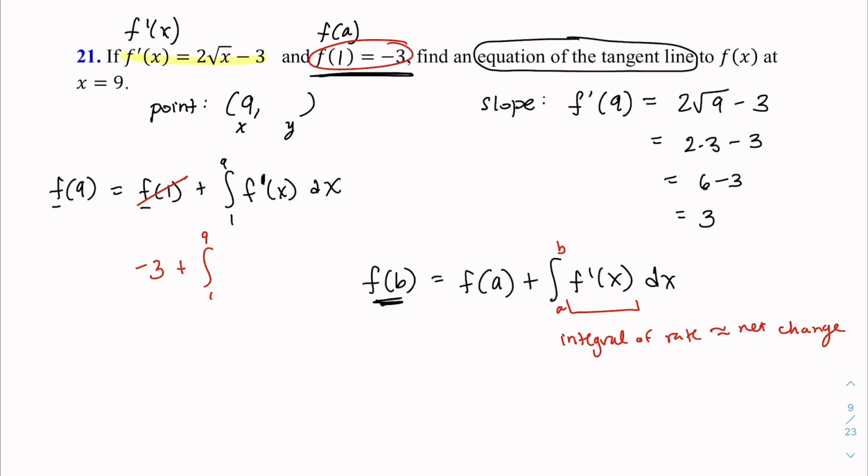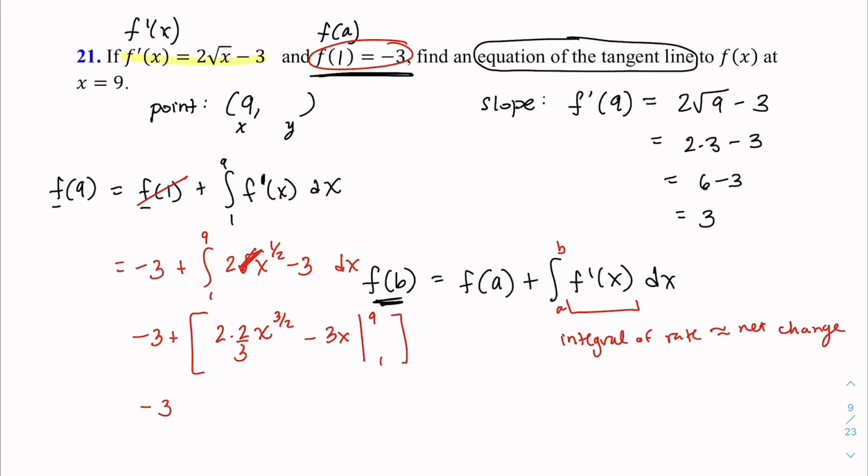Integral from 1 to 9 of this function, 2 root x minus 3. So now it's a straightforward integration problem. We just need to remember to add that 3 at the end. Okay, so the integral of 2 root x is going to be 2 x to the 3 halves times 2 over 3, minus 3x, integrating from 1 to 9, and we'll add 3 at the end.